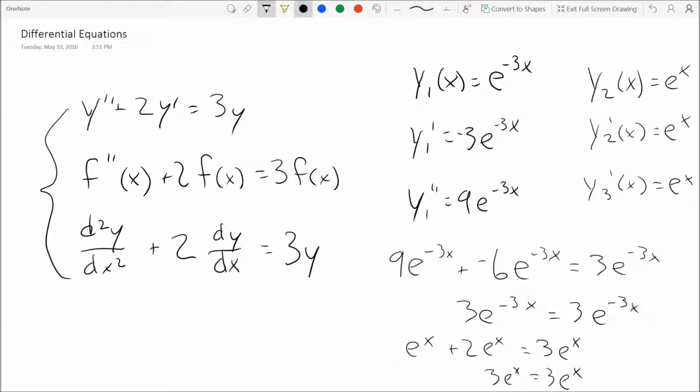So there's different ways to get different solutions, and if you're actually solving them out, then you have a pretty simple differential equation.